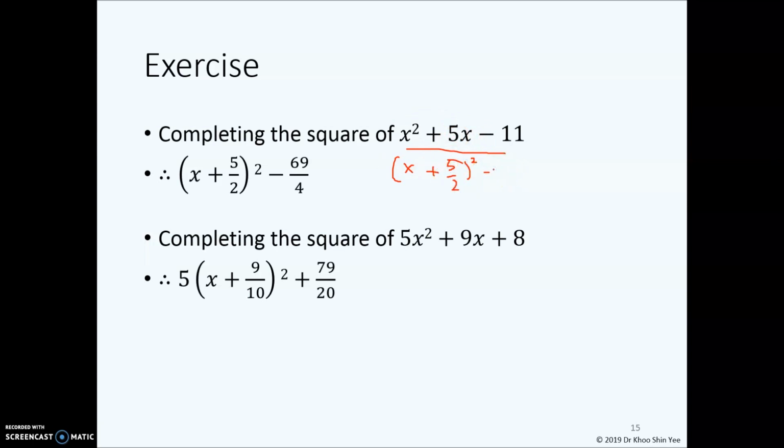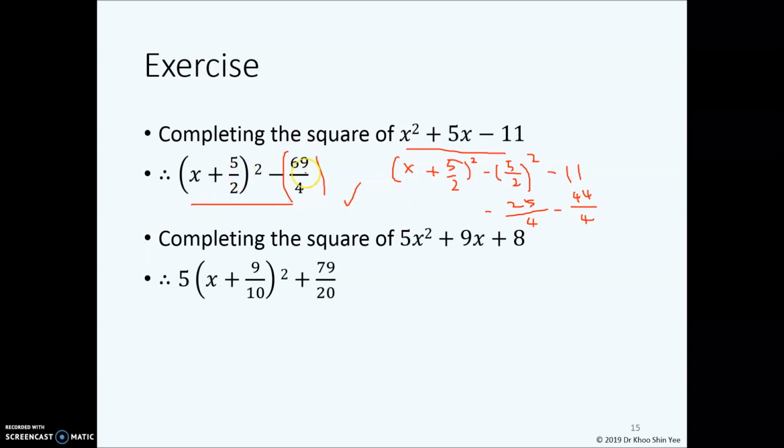Then based on the formula, you have to minus the part inside here, 5 over 2 power of 2. Right. Then you minus 11. So 5 over 2 squared, you get 25 over 4. Then 11 is 44 over 4. So minus minus, in total you get 69, which is this answer.